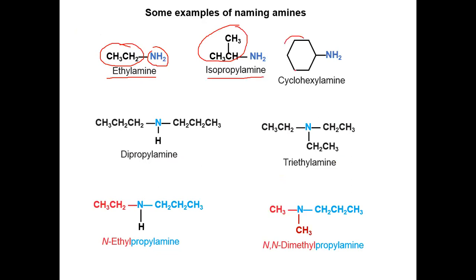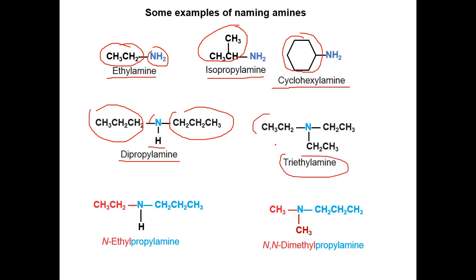This is cyclohexyl, so this is going to be cyclohexylamine. This one is dipropylamine because this is propyl, this is propyl, and in the middle we have the nitrogen, right? This one is triethylamine because this is ethyl, ethyl, ethyl.